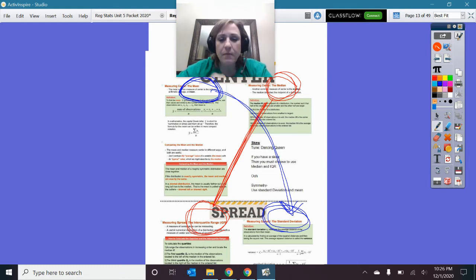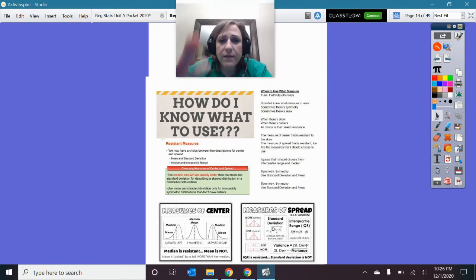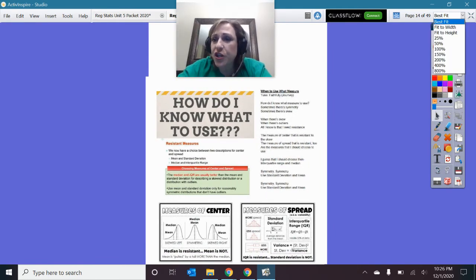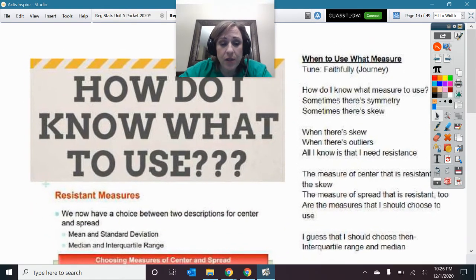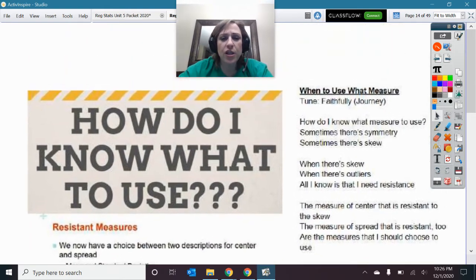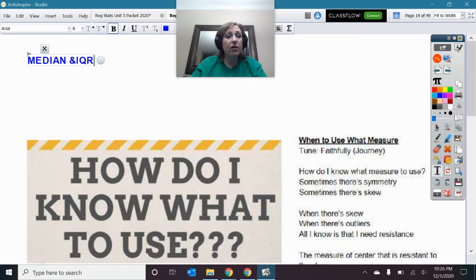Okay. So the next idea is, how do you know which one of these measures to use? This is a big deal. Should you use the median and the IQR, or should you use the mean and the standard deviation?